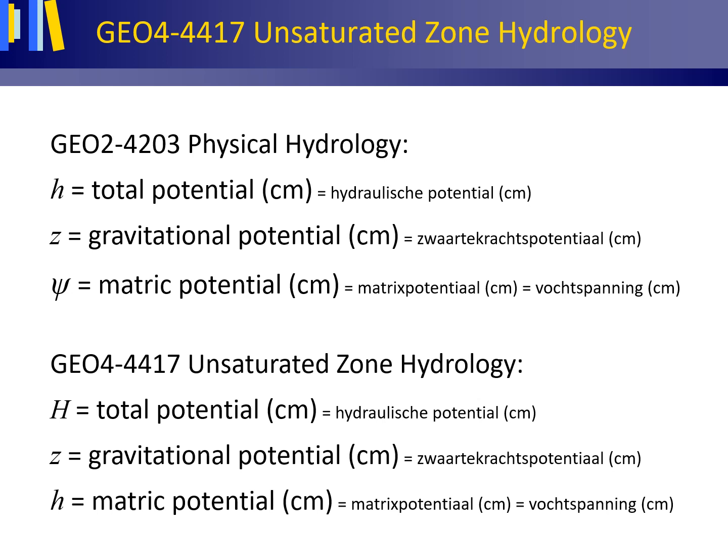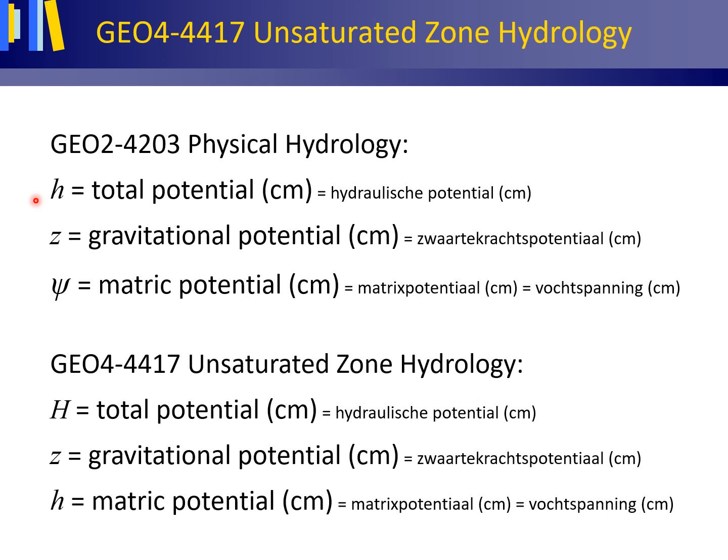I have used lowercase or small h for hydraulic head in my book, as is customary in groundwater hydrology, and I will continue to use this for the total potential, the equivalent of the hydraulic head in the unsaturated zone.